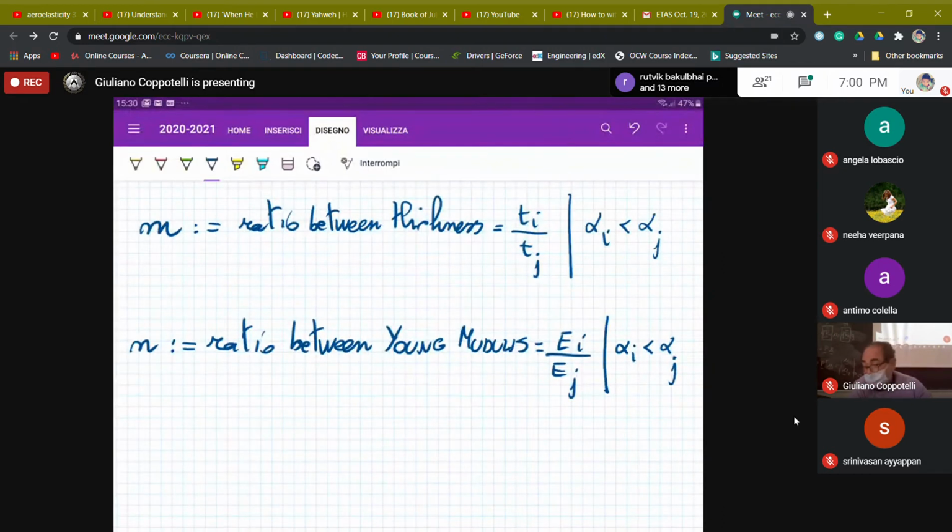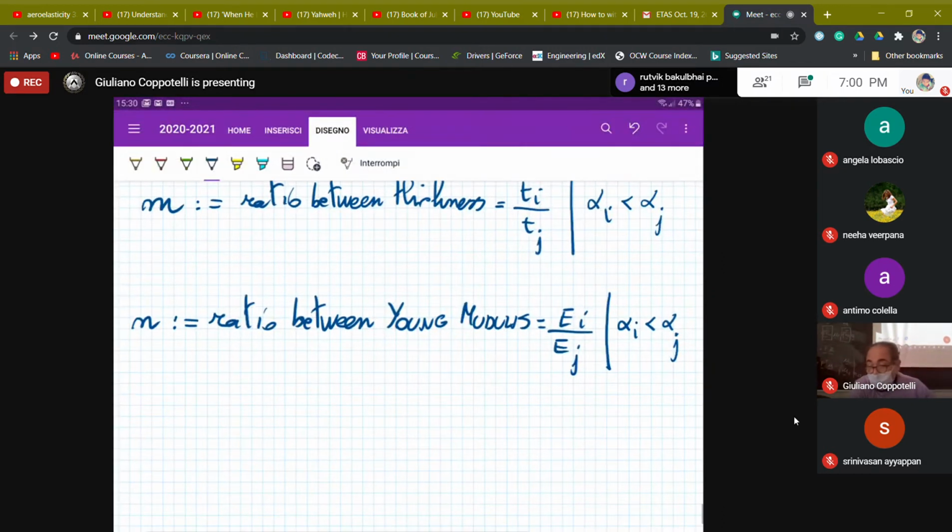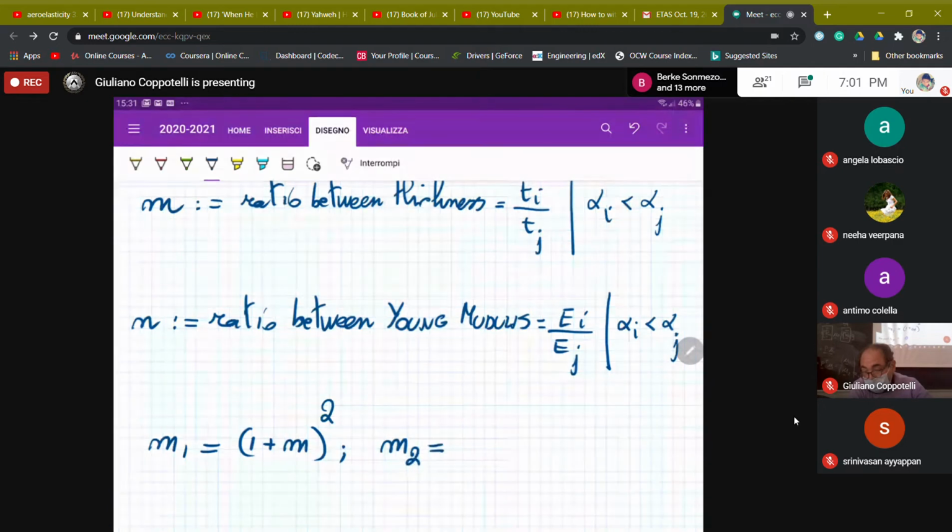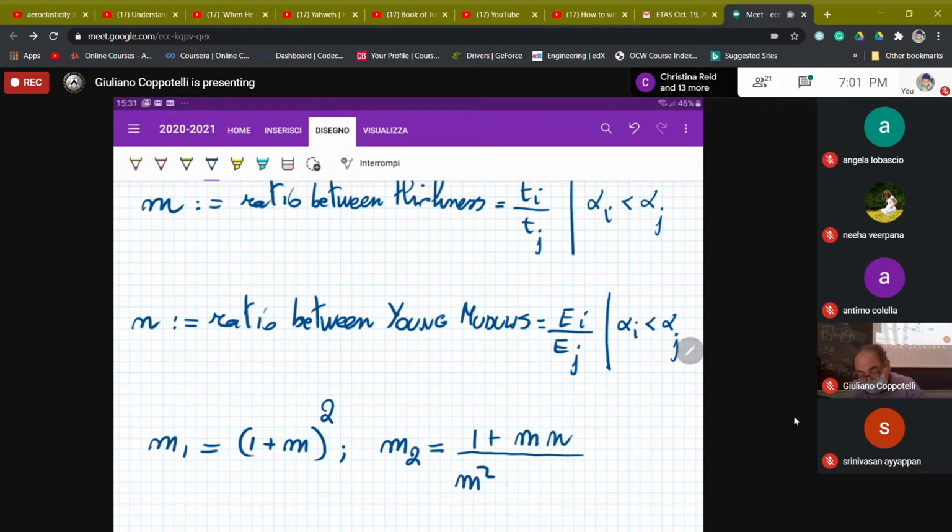Then, with that, we can define an additional parameter M1 that is equal to 1 plus M, everything squared, and M2 that is equal to 1 plus Mn, divided by M squared plus 1 over Mn.